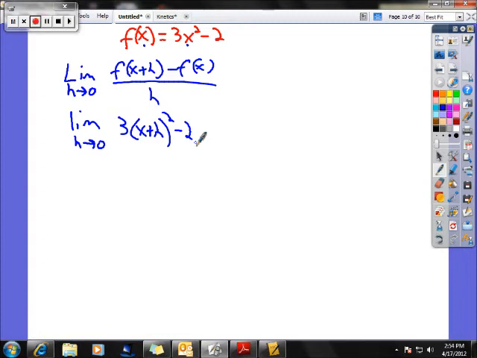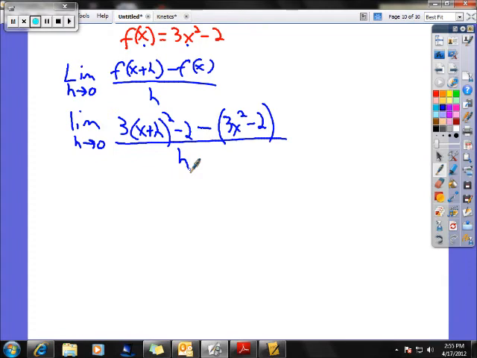Meaning to put all of that in parentheses? No. So we have f of x plus h there. We still need to minus f of x. This one I would put in parentheses because we're minusing and there's more than one term. So 3x squared minus 2, that's my f of x, and that's all over h. Now we simplify what we can.